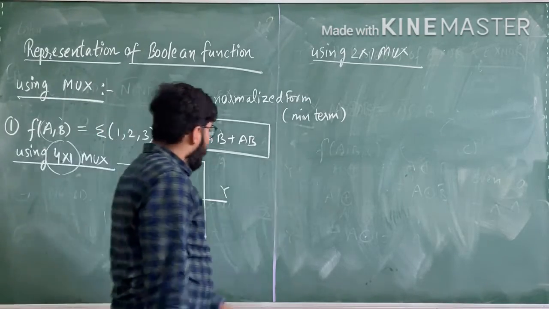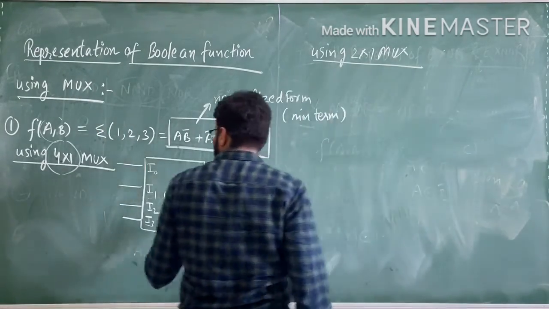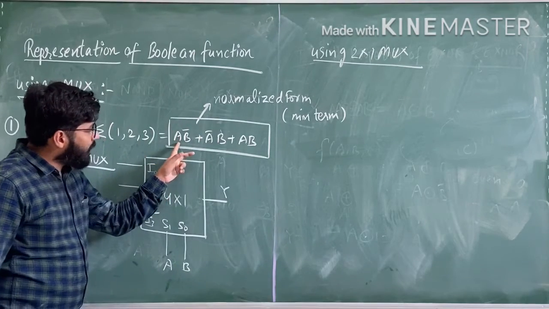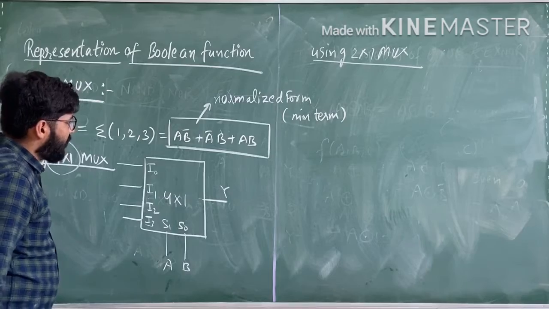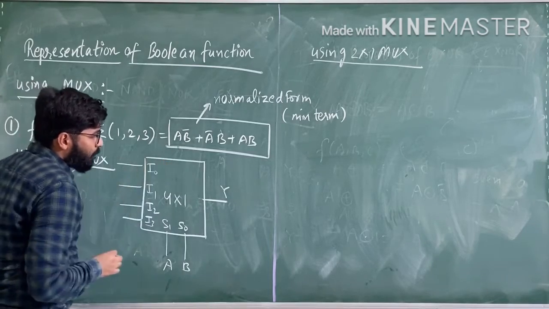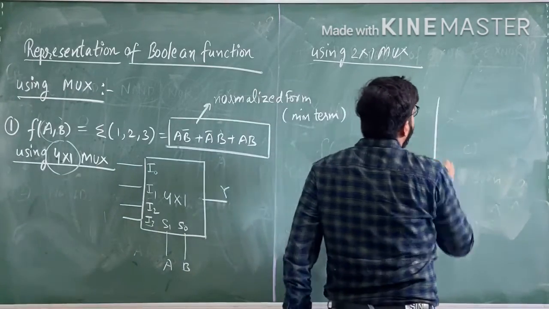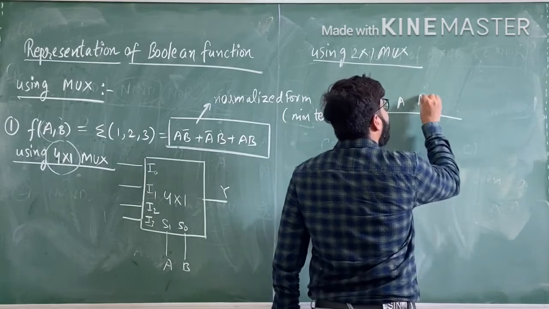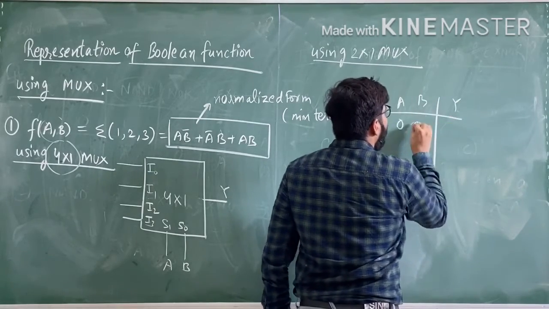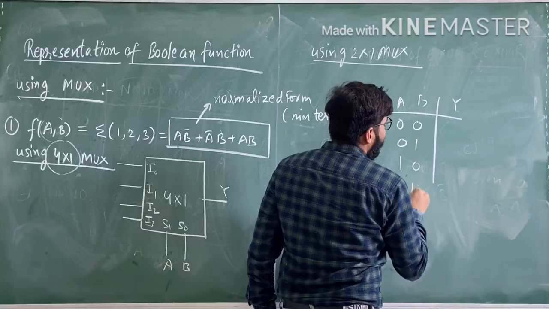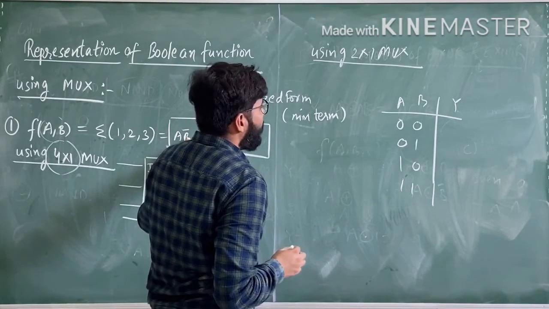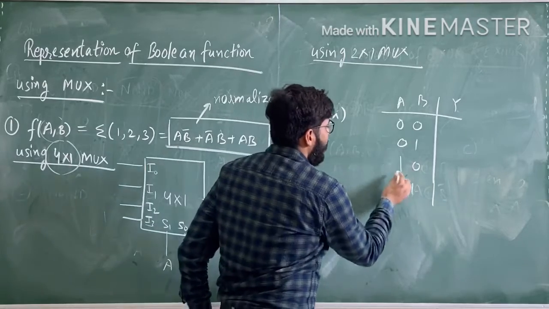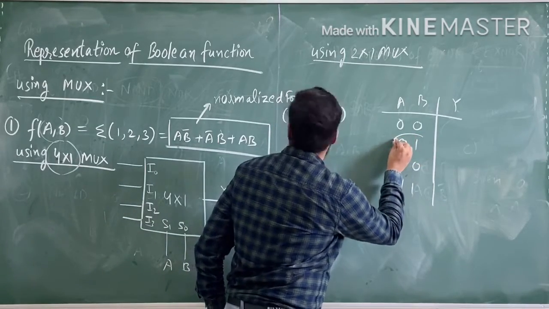Okay, see, the first term is a b complement. Suppose I will develop a table here with a and b and y: 0 0, 0 1, 1 0, 1 1. We can see this is a complement b complement, this is a complement b, this is a b complement, and this is a b.